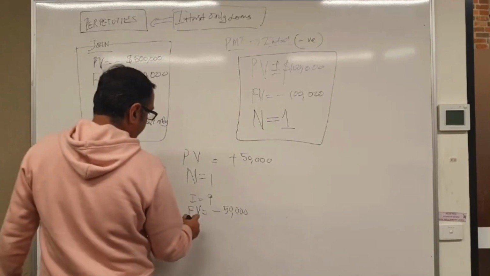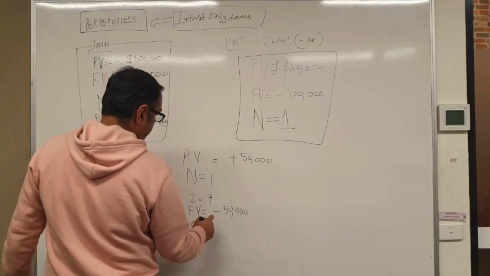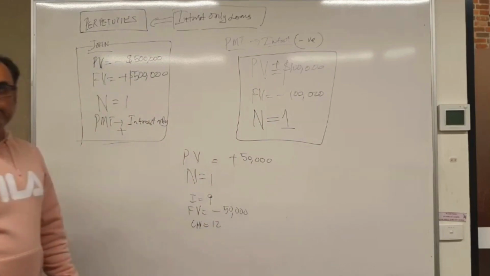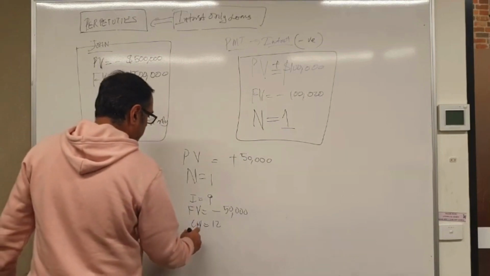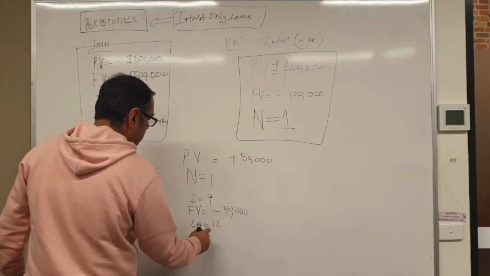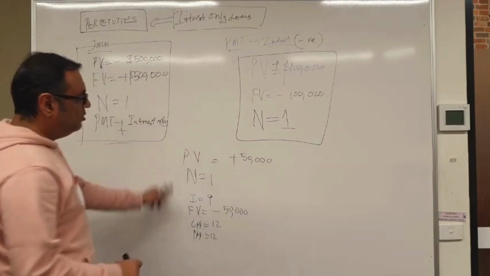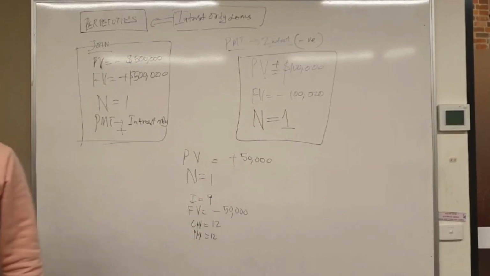CPY is 12. And then the last line says, what's the monthly amount? PPY is 12. You fill in all those values, go to the PMT, press enter, you get your answer. Any dramas so far?